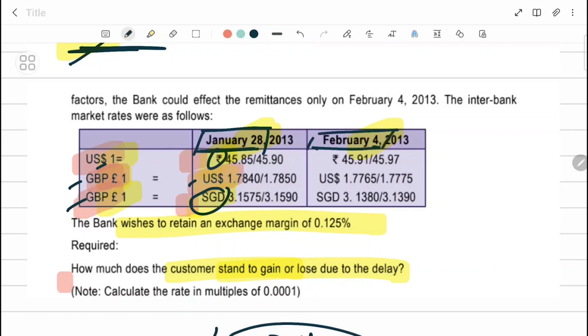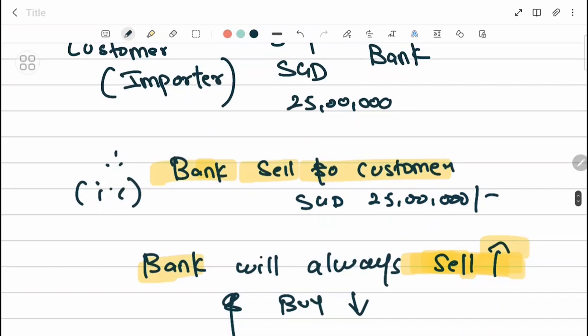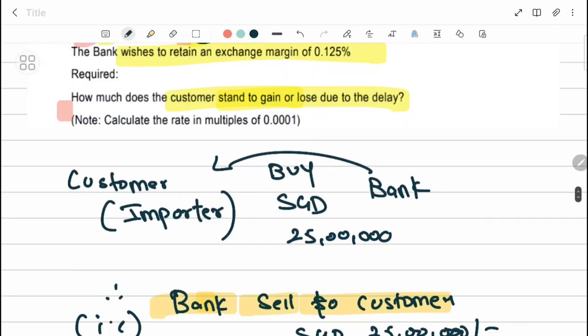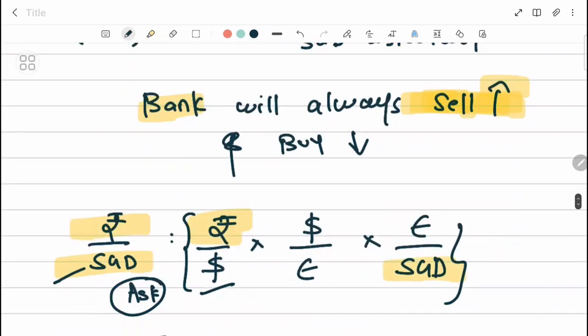So first we are only focused on January 28th. We are given two rates, the bid and the ask. Which one do we select? The ask rate, the higher rate, this one, because it's a direct dollar quote, the higher rate.